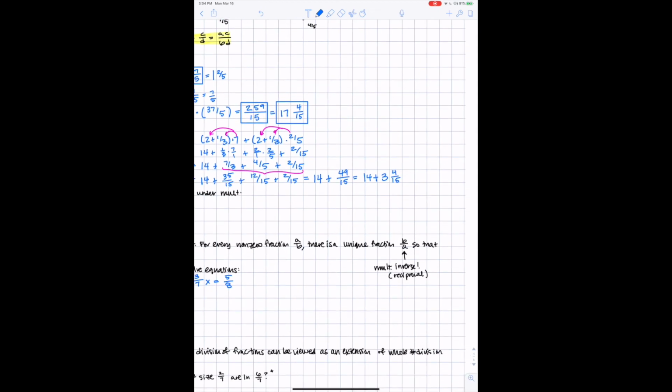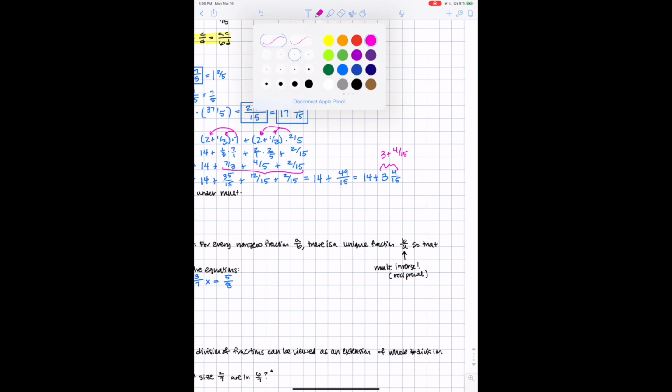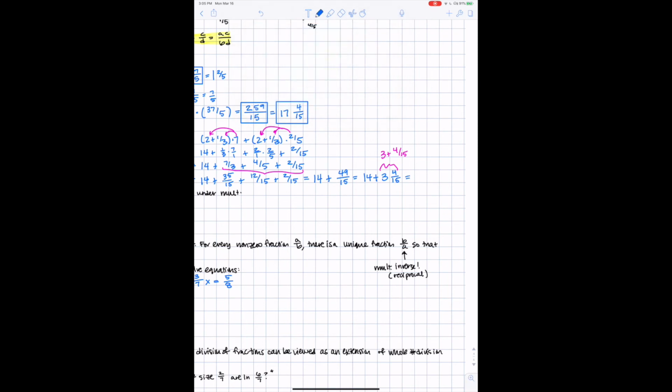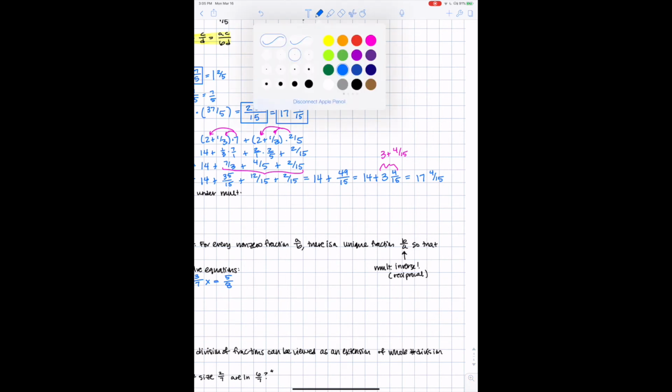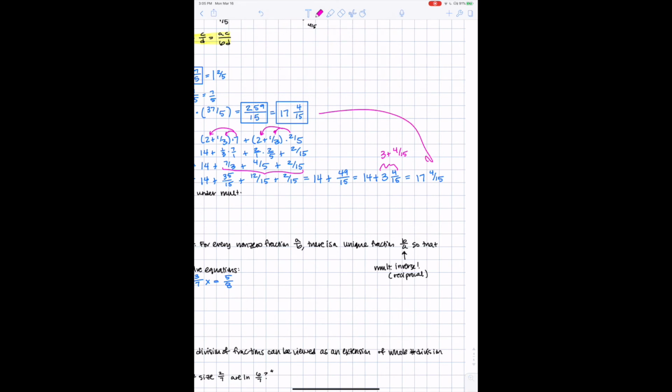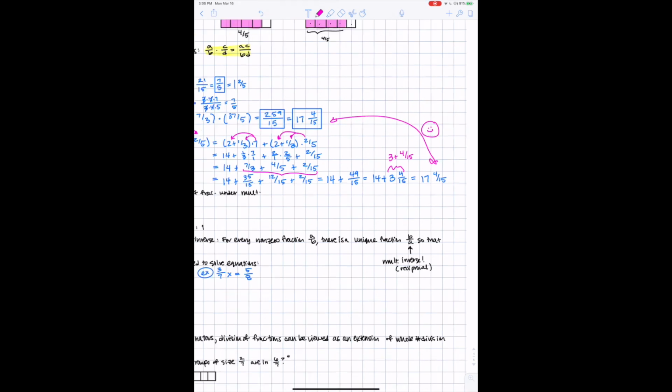And of course, this 3 and 4/15ths really just means 3 plus 4/15ths. So this is really 17 and 4 fifteenths, however you want to write it. It's 14 plus 3 plus 4 fifteenths, which is exactly what we had before, right? So no surprise there. That's always good news. These are the same answer, just done two different ways.